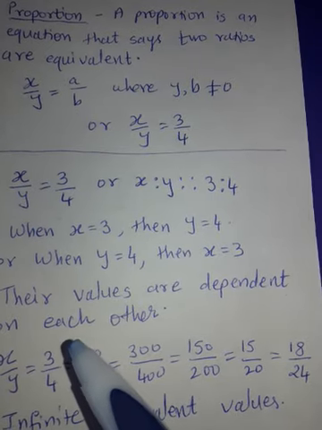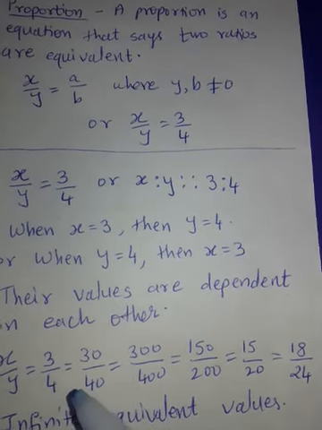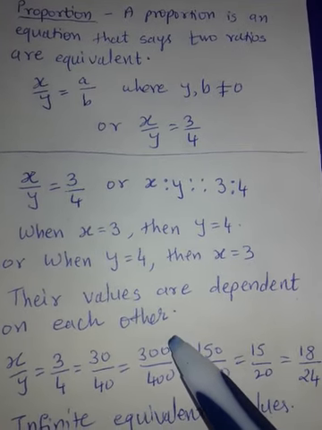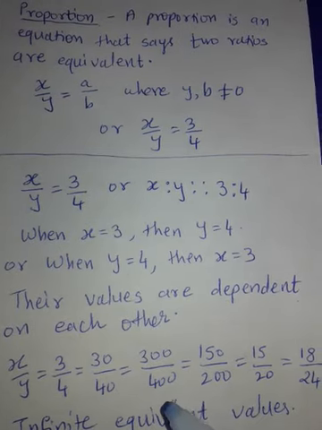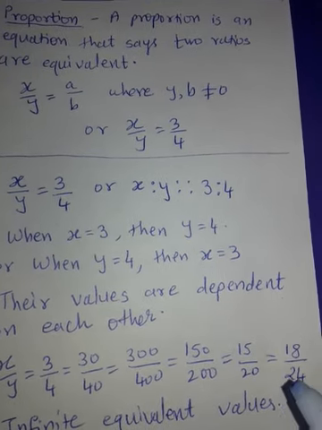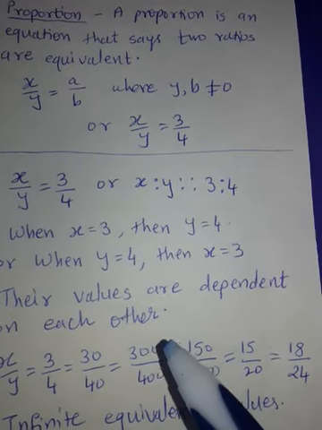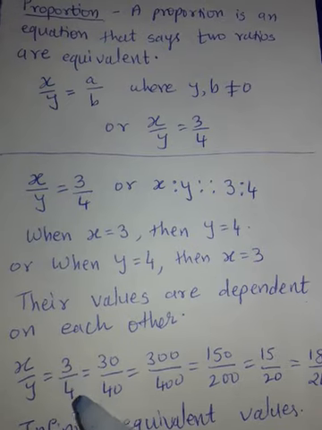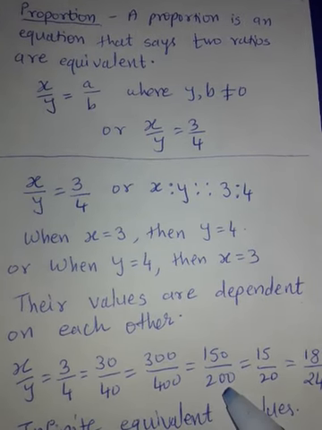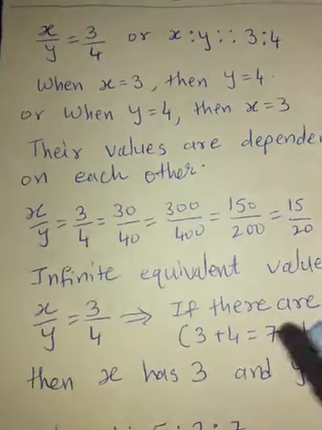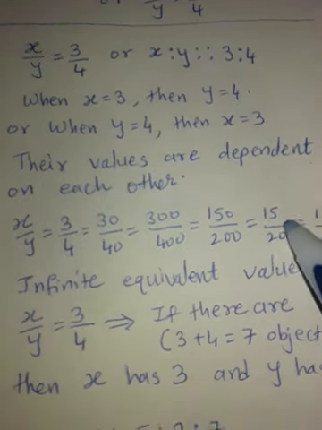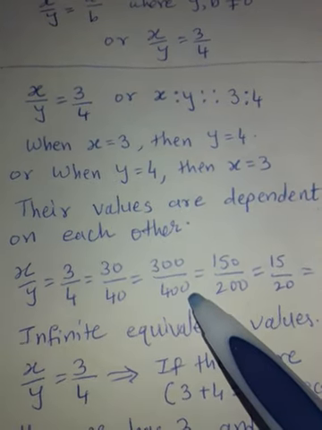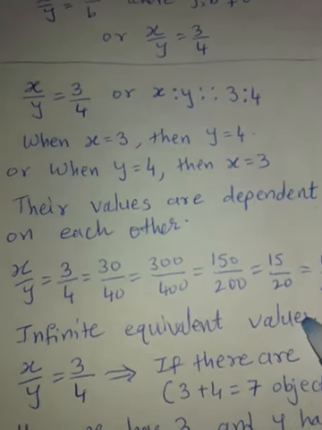I can either multiply numerator and denominator by the same number, same number is very important, or I can divide numerator and denominator by the same number. Still we will get an equivalent ratio. So 300 upon 400 is the same as 3 upon 4, the same as 150 upon 200. It means we can find infinite equivalent values. It can be 3 crore upon 4 crore also.